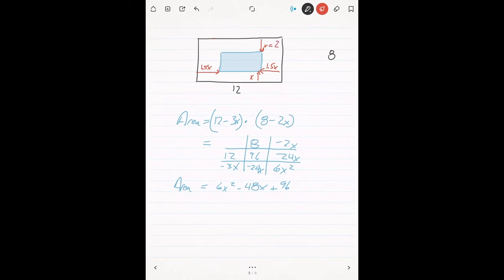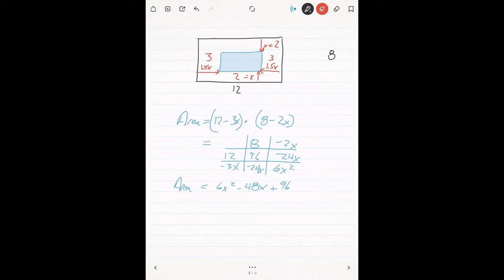Let's say we remove 2 feet from the top and 2 feet from the bottom. So if we remove 2 feet from the top and 2 feet from the bottom, that means from the left we remove 3 feet, and from the right we remove 3 feet. Because 1.5 of 2 is 3, and 1.5 of 2 is 3. So we know how much we've moved in.